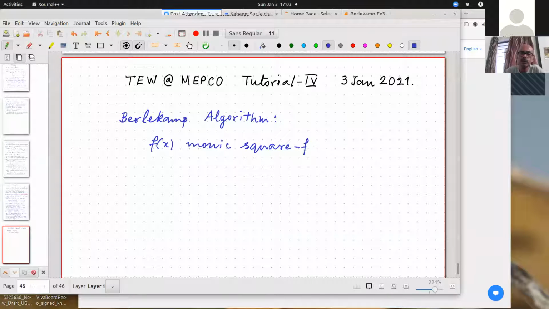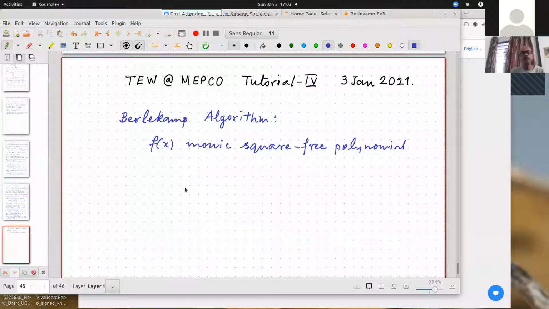So it's a monic square free polynomial with coefficients from a finite field Fq, and we would be using only prime fields with p elements, where p is a prime.